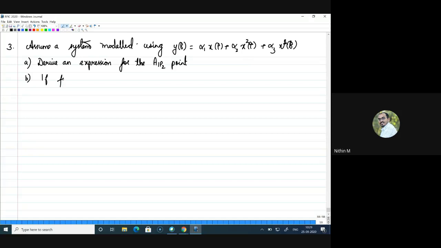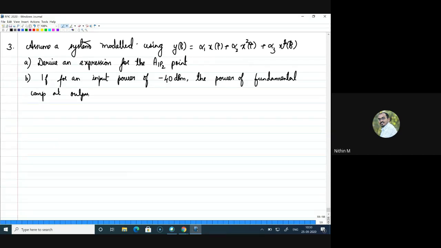And the second part is, for an input power of minus 40 dBm, the power of fundamental components at the output is minus 10 dBm and the power of IM2 components is minus 50 dBm.